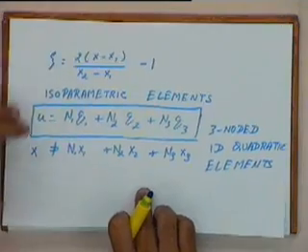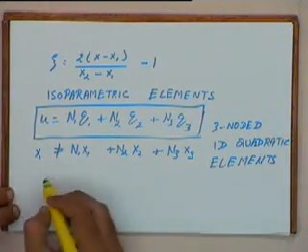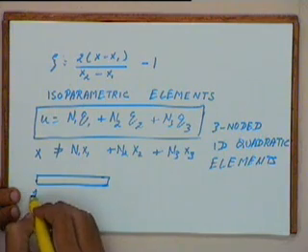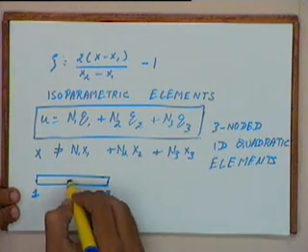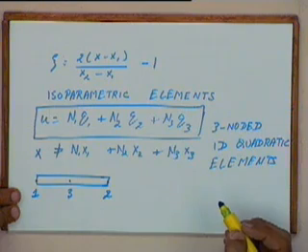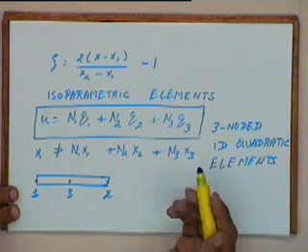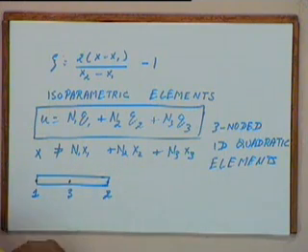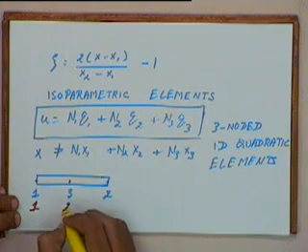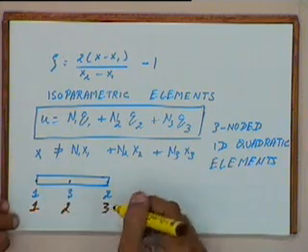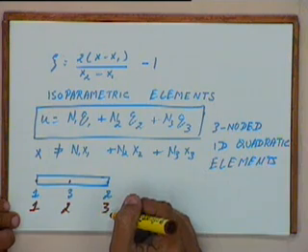And the only other thing is that yesterday we were talking of the 3 noded quadratic element. Okay, we had done the numbering like 1, 2 and 3, and in this case even if we do the numbering in any other way, if we do the numbering like this or the other way around, eventually it will not make a difference.